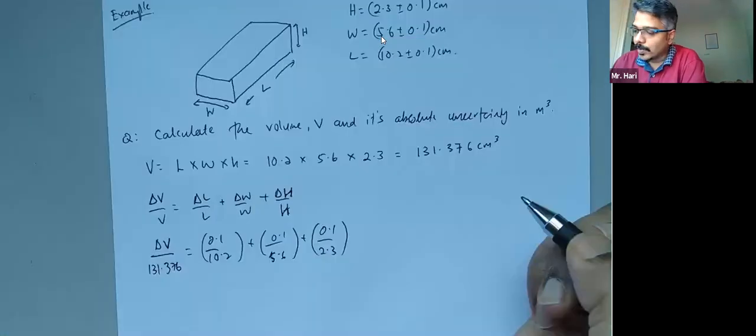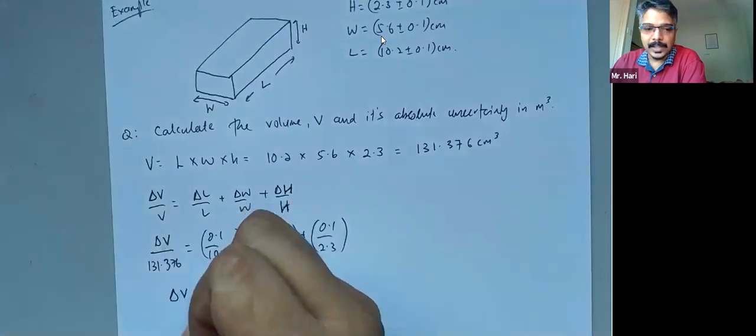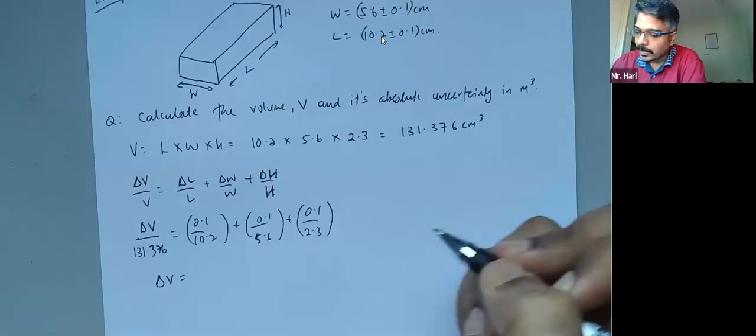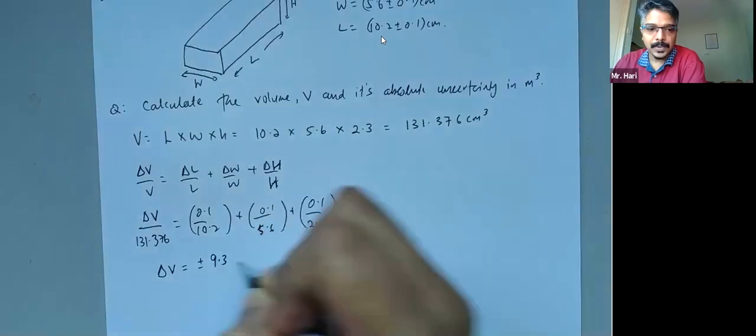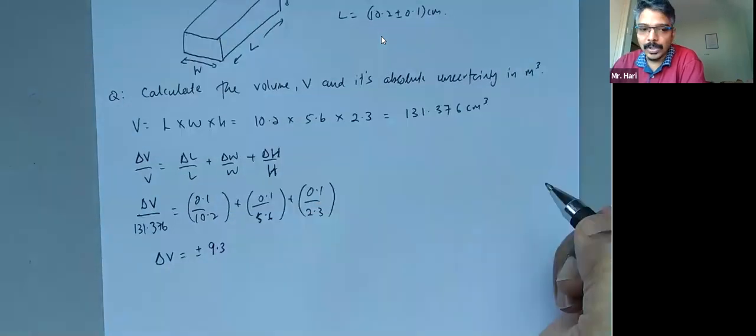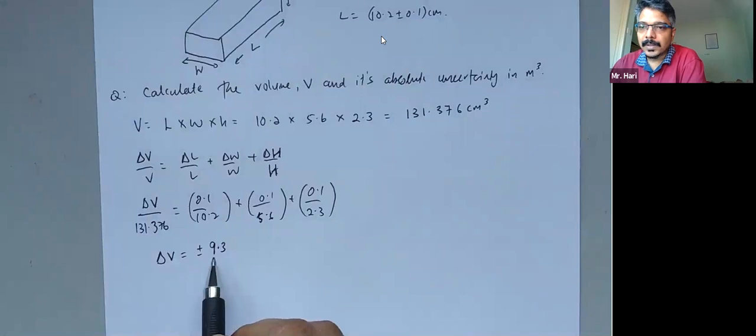So when you do all this calculation, you need to find out delta V, and in the end you will get approximately 9.3. Okay, so this is the absolute uncertainty. However, for AS physics, you need to put the absolute uncertainty into 1 SF.